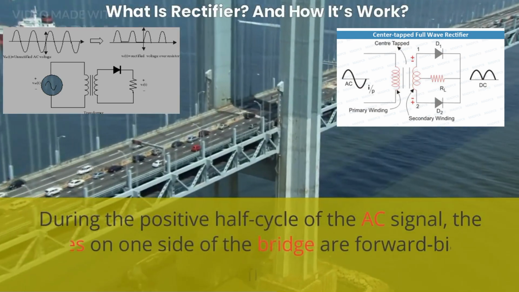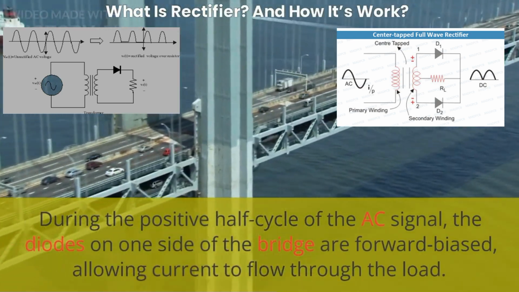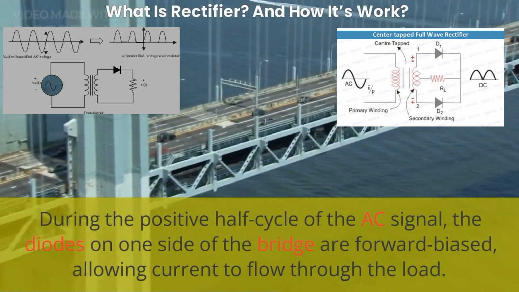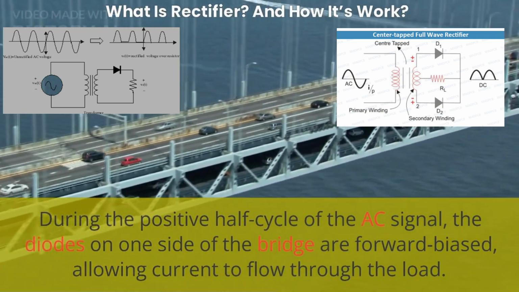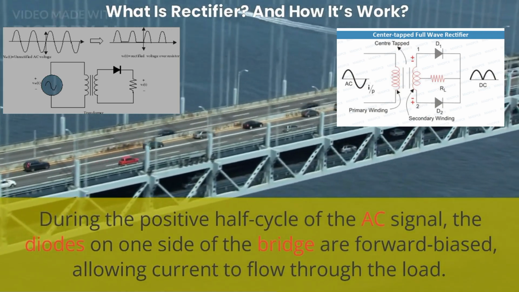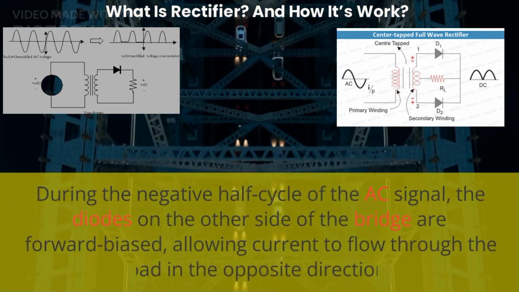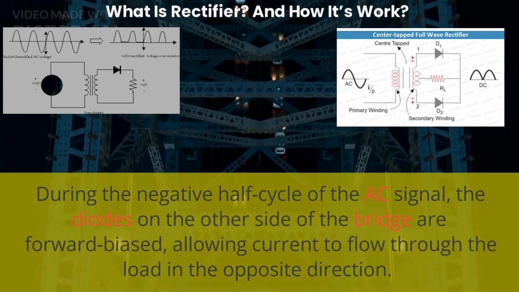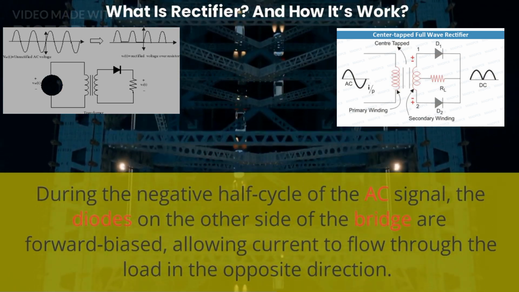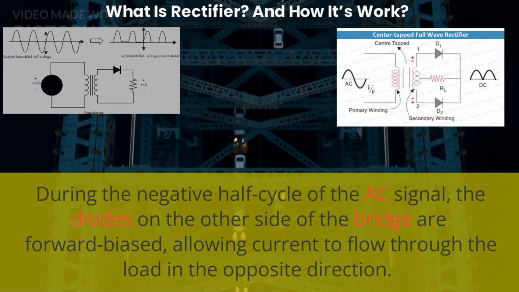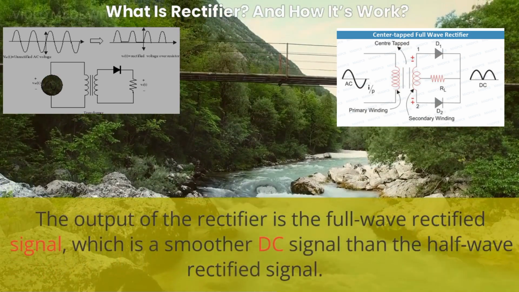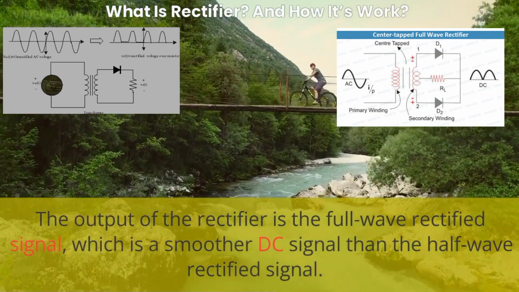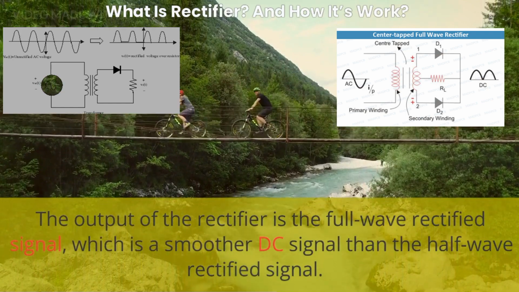During the positive half cycle of the AC signal, the diodes on one side of the bridge are forward biased, allowing current to flow through the load. During the negative half cycle, the diodes on the other side of the bridge are forward biased, allowing current to flow through the load in the opposite direction. The output of the rectifier is the full-wave rectified signal, which is a smoother DC signal than the half-wave rectified signal.